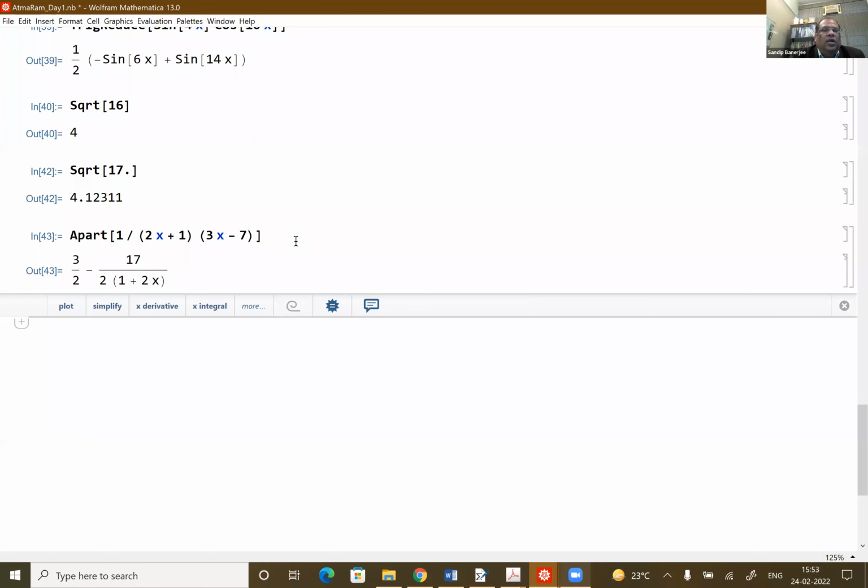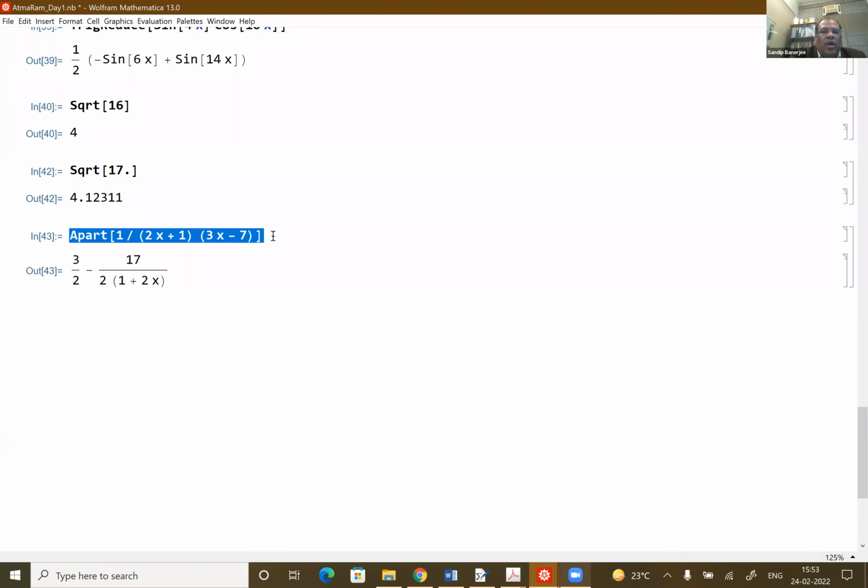So this will write it into a sum or difference of two fractions. So we need this in our partial fraction thing. So apart is the one which will work. Let me check one more time.